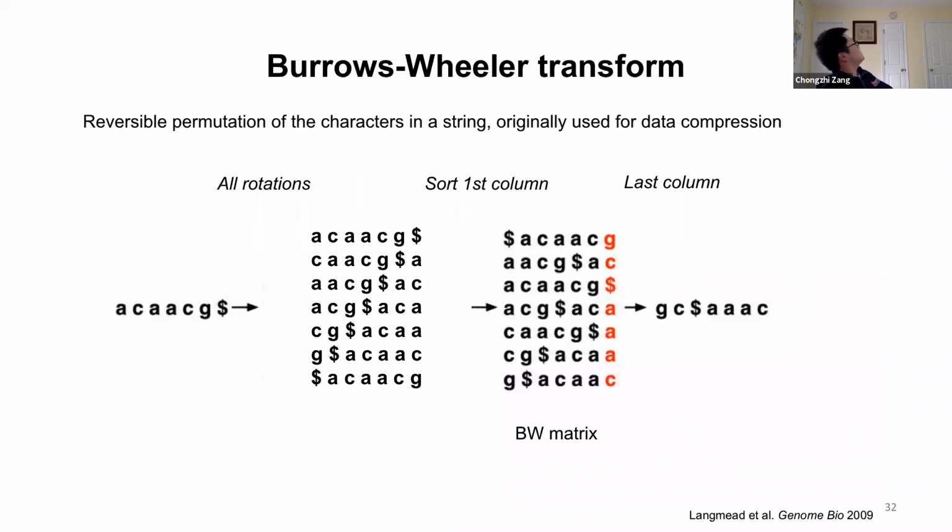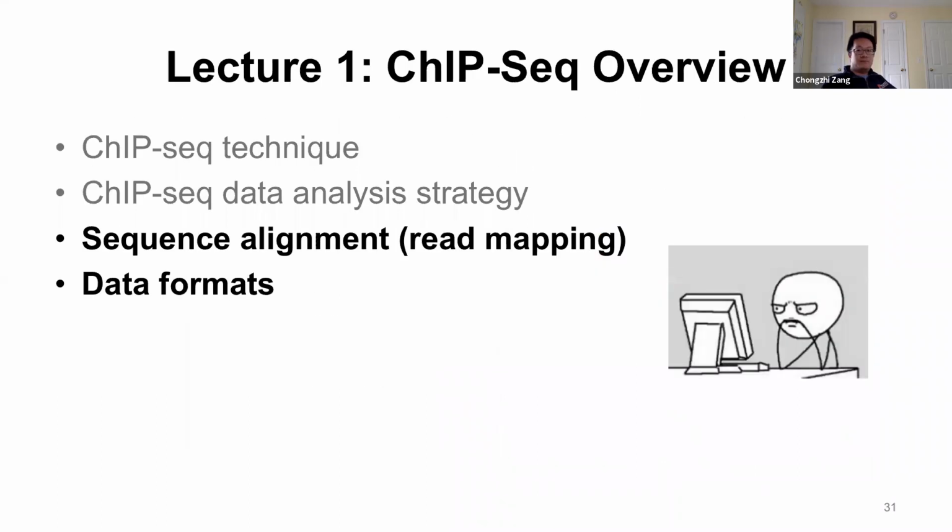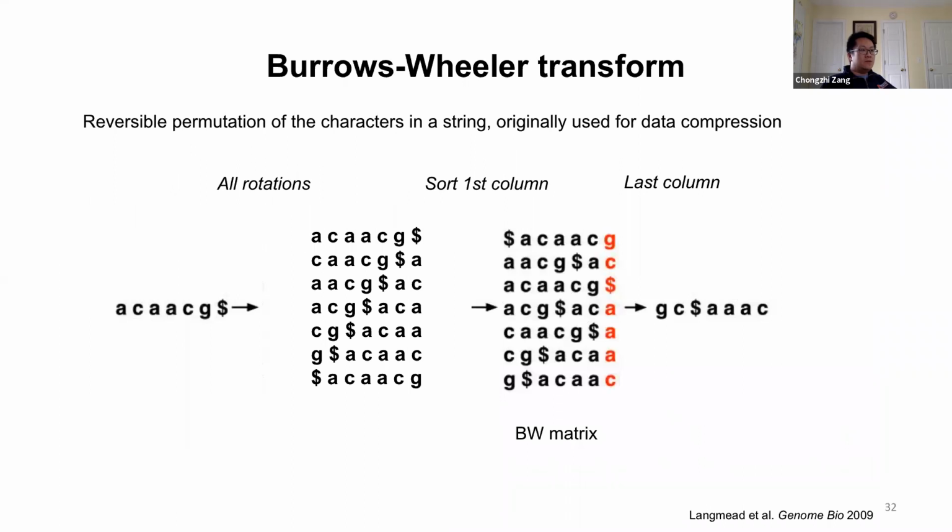So in terms of time, okay, we will briefly introduce the next step, which is sequence alignment, where we align all the sequencing reads back to the genome. We'll give a brief introduction of the key underlying algorithm of most sequence alignment tools, including Bowtie and BWA.